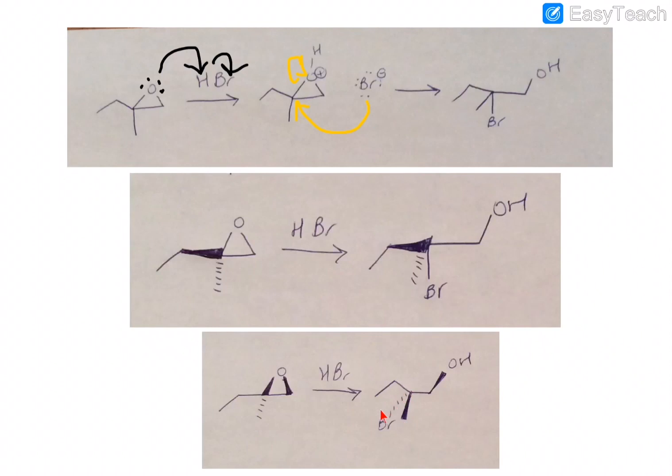And the bromine now has a dash bond showing it's in the back, and the methyl is wedged. Once the oxygen gets kicked off and can be protonated, the alcohol is also in the front because, like we said before, the electrophilic center is the only point where stereochemistry can be inverted. The carbon that is not the electrophilic center maintains its stereochemistry.